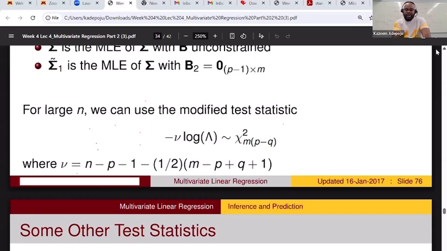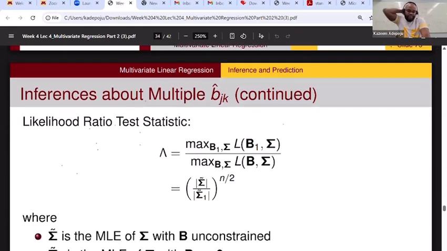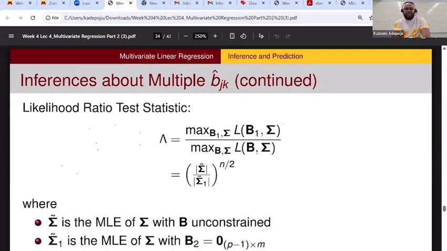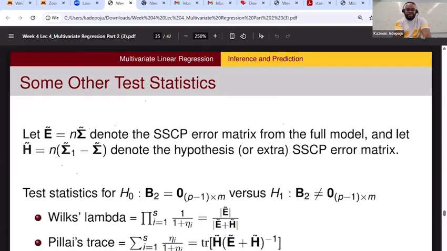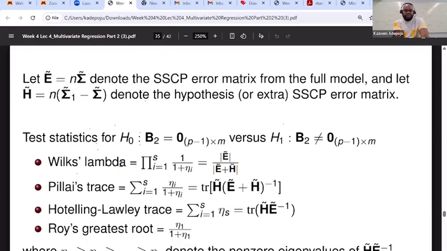Apart from using this approach to investigate between the reduced and complicated models, there are other tests that can be used: the Wilks' lambda, the Pillai trace, Hotelling-Lawley trace, and the Roy's greatest root.